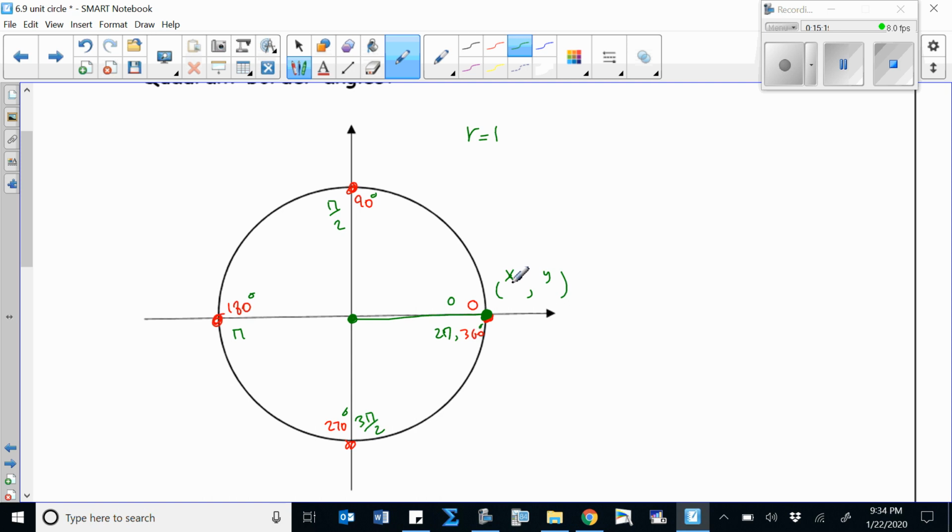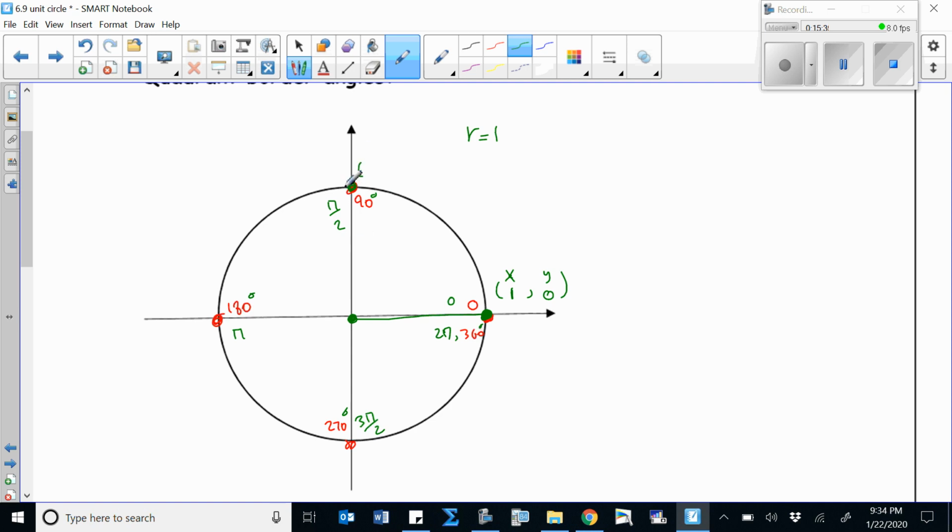So the x value is actually 1 because this distance is the radius of this circle. So this is equal to 1. And what is y? It's 0 because if a point is located on the x-axis, the y value is equal to 0.